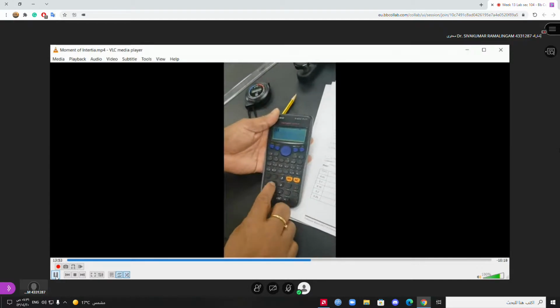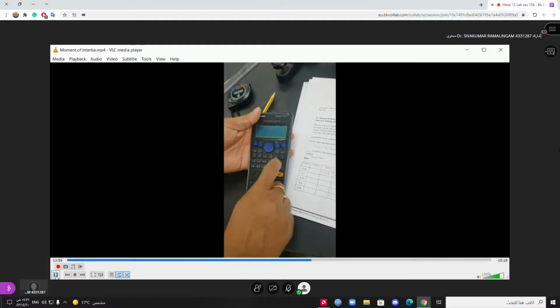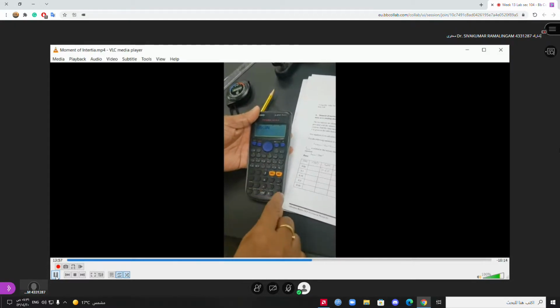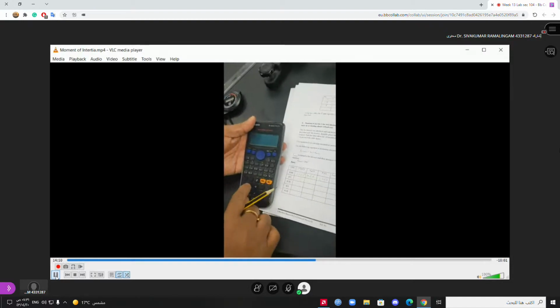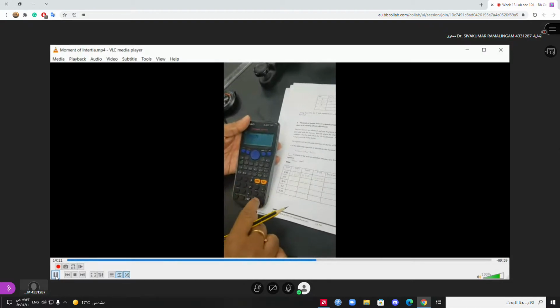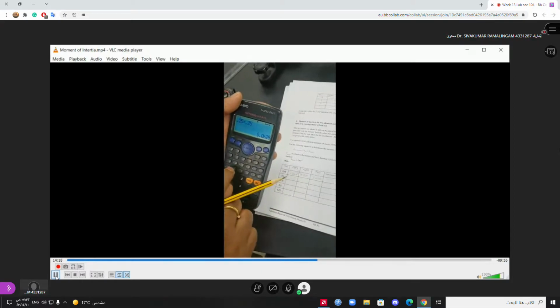And if you do the squaring, 0.05 into 0.05, what do you get here? You can write it as 2.5 into 10 to the power of minus 3. Continue this, and the last one, 0.25 into 0.25, how much are you getting? See, this is a different one. Press ENG.